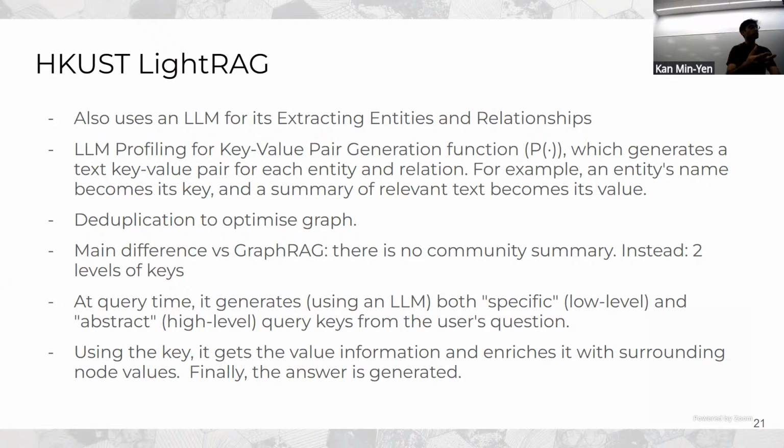When you pass the query, it will be turned into a high level abstract question, and also a very specific low level question. So we get both the high level and the low level entities, and then we search the graph based on that. That's how we grab the information, and then we put it in and give the answer.